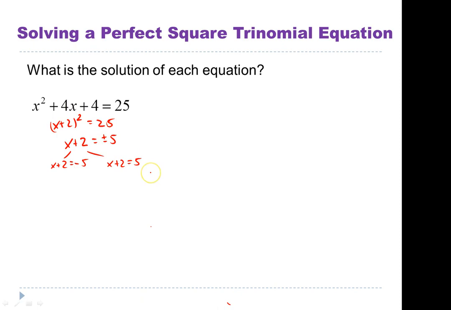So now I have two little equations here that I can solve separately by subtracting 2 from both sides, and I get negative 7 and 3. So it's really convenient when we have a perfect square trinomial because it allows us to use the square root. Here's another one for you to try.